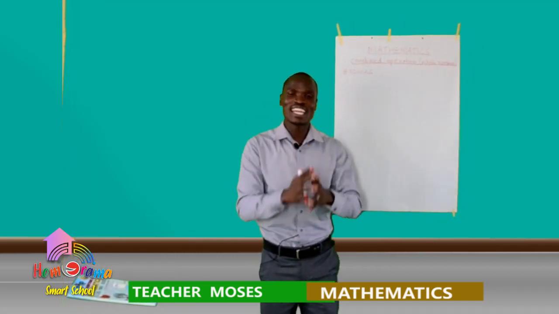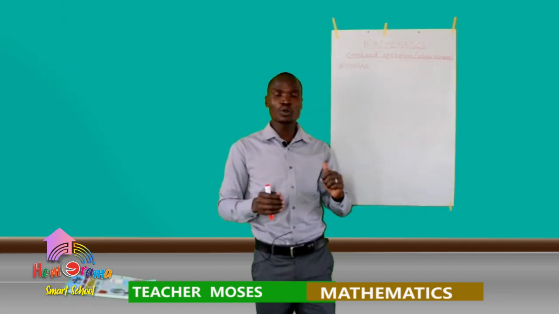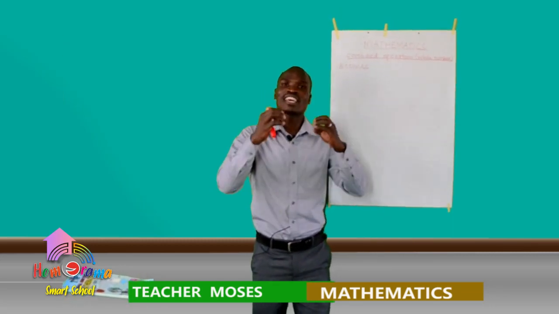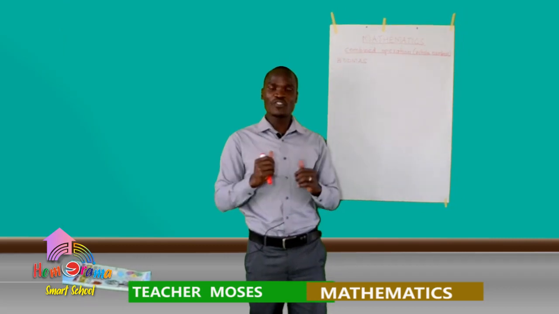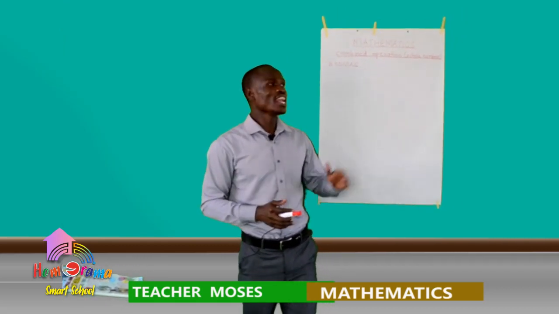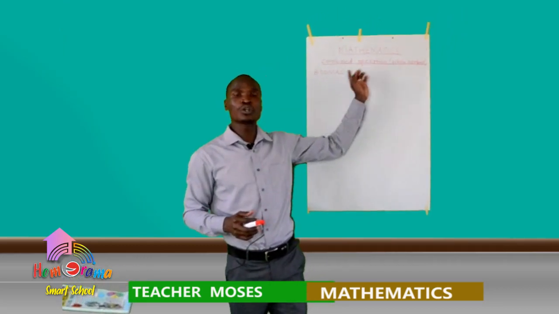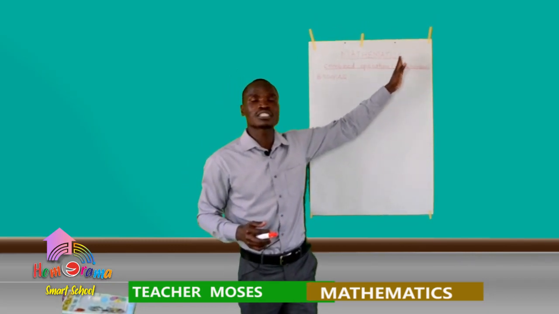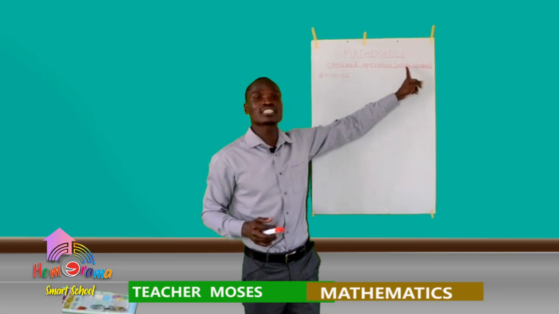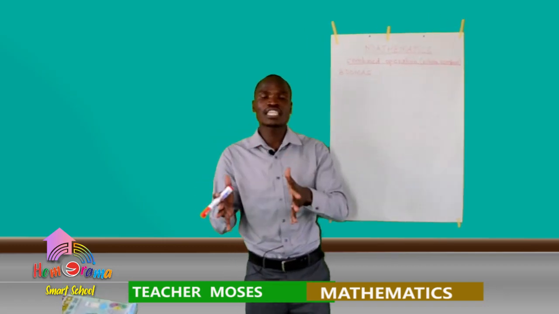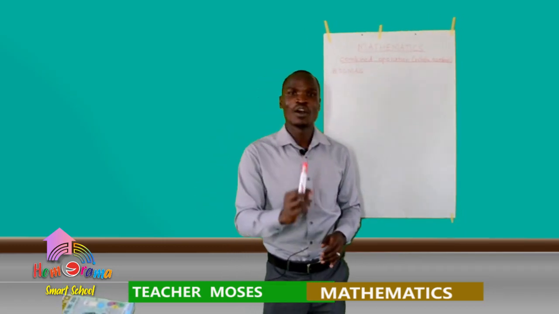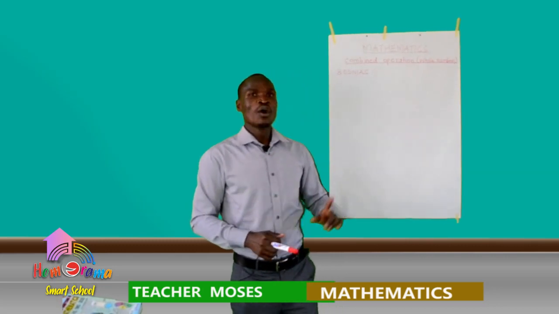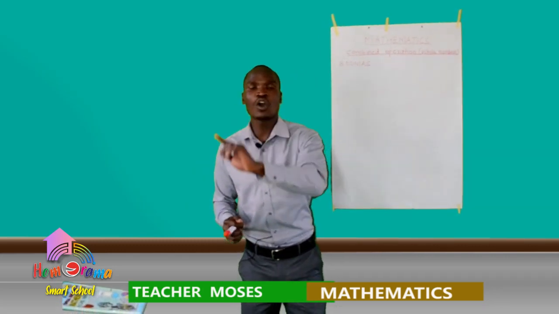And so, learners, having taken you through the operations that you learned in the previous class, let's now go straight away to our subtopic, which is combined operations, and we are looking at whole numbers. Now, look here. We have combined operations of whole numbers.